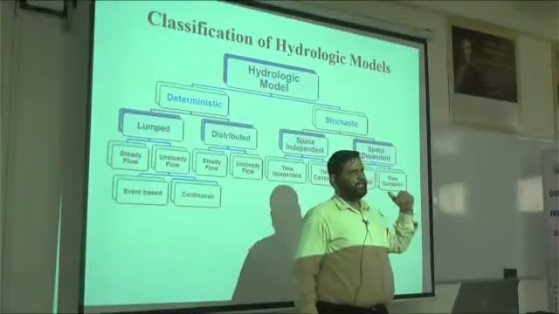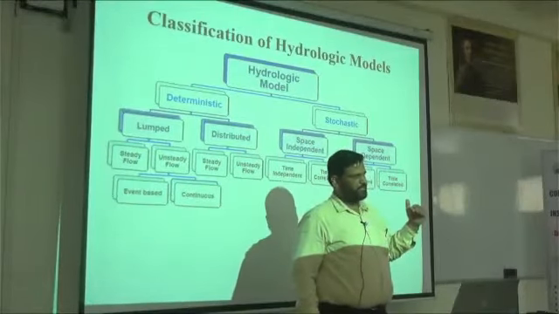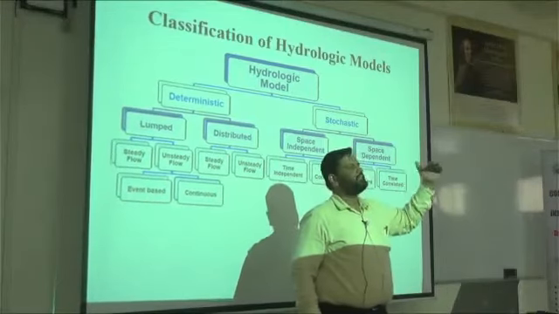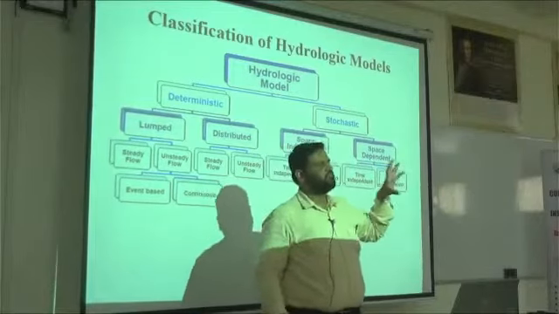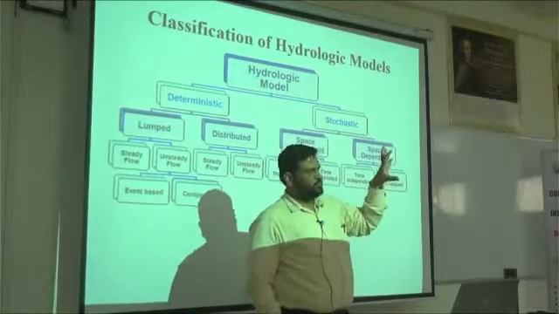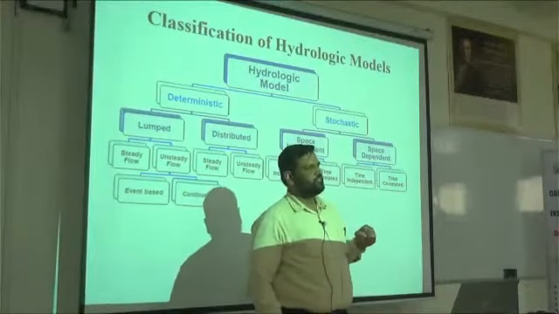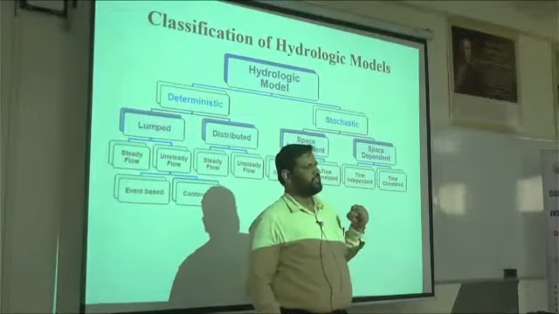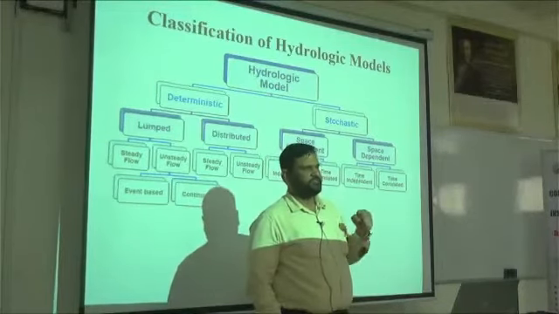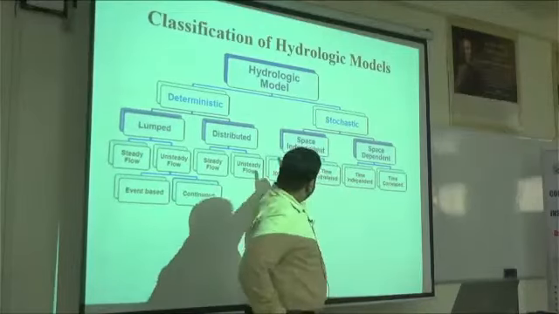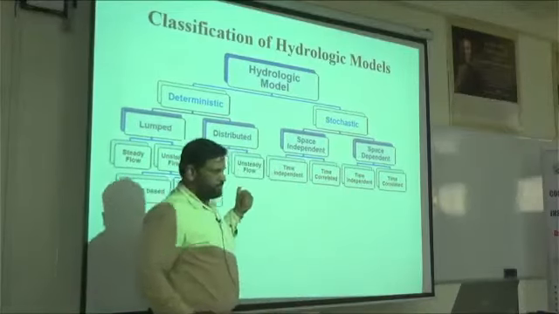Then again, it will aggregate to the sub-basin scale and then to the basin scale, and then it will provide the basin average values. Suppose you want to compute what average rainfall your catchment is receiving, or what average runoff your catchment is generating. For that, the distributed or semi-distributed approach is used.